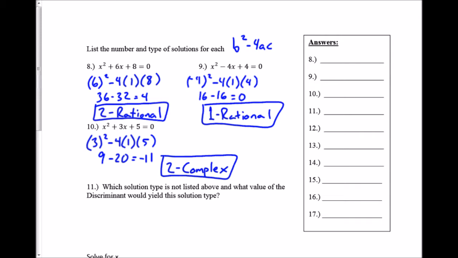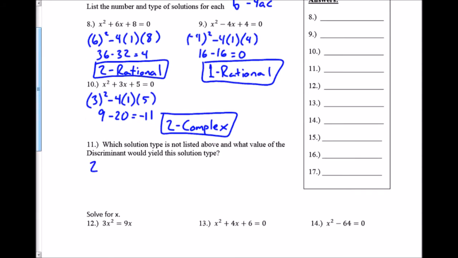And then number 11 is a continuation of these. It says which solution type is not listed above and what value the discriminant would yield that solution type. So I've got 2 rational, 1 rational, 2 complex. The one that's missing is 2 irrational solutions.